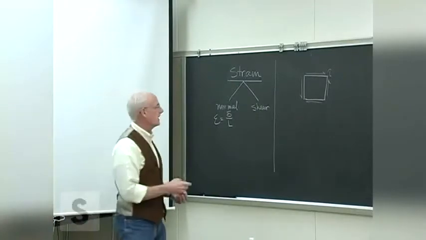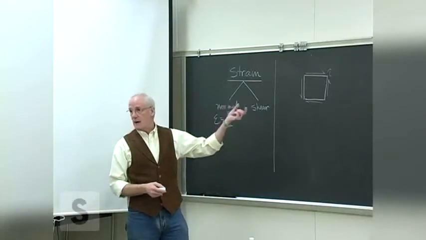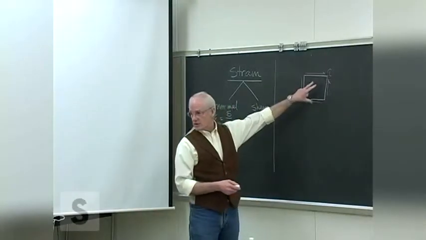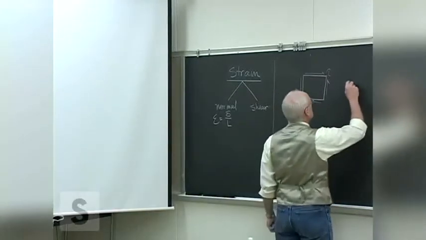We looked at that on Friday. What we didn't look at on Friday is what the response of the material is to those types of loads. Again, I've arbitrarily chosen which direction these all lie in. I could have easily picked the other way.